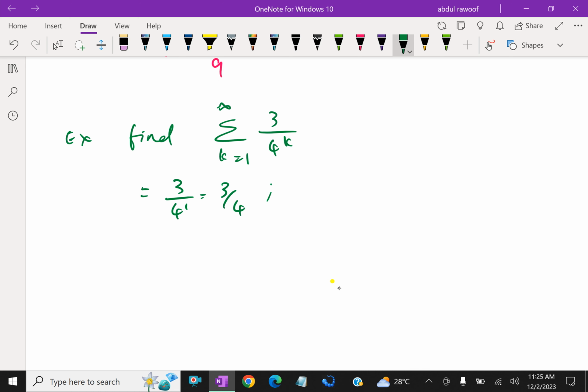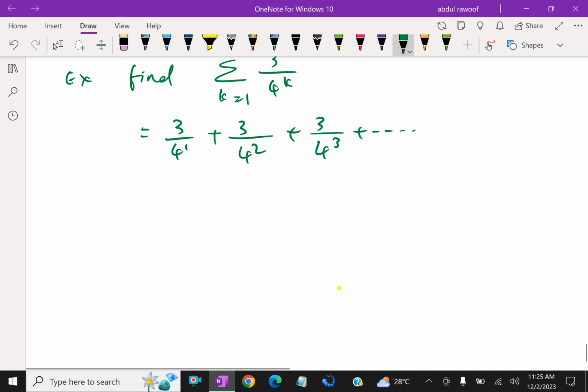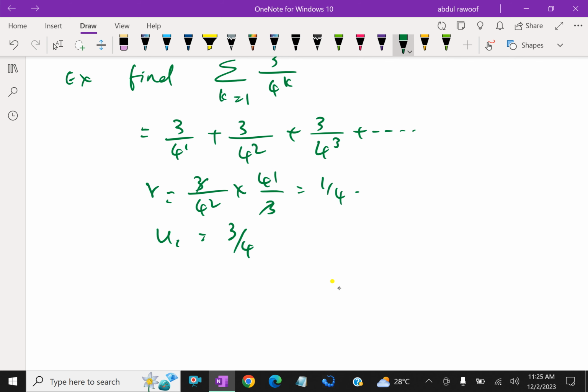Then we continue, 3 over 4 squared, 3 over 4 cubed, like this. Here the common ratio r is the second term, 3 over 4 squared, divided by the first term, which gives 1 over 4. Here r is 1 over 4 and the first term u1 is 3 over 4.